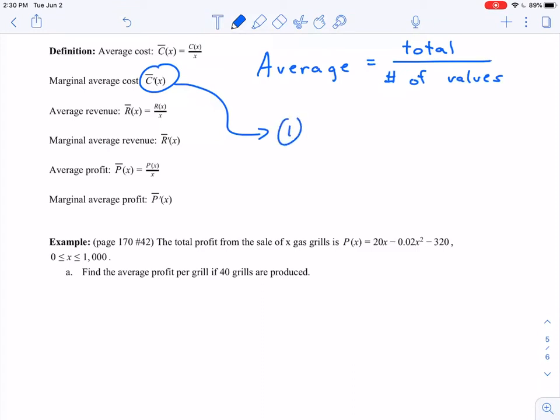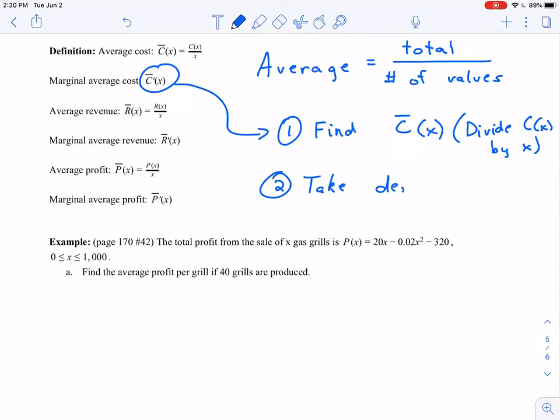So really there are two steps. If you're trying to jump straight to the marginal average cost function, you first need to find C bar of x, or you might think about that as divide your total cost C of x by x, if you want to give yourself more concrete directions. So you would find C bar of x, and then once you have that, take the derivative of that function C bar of x.